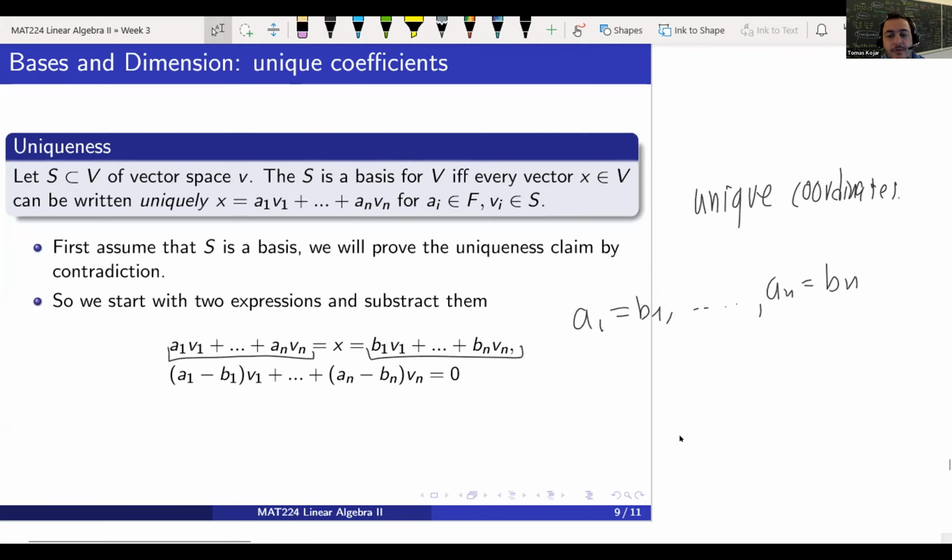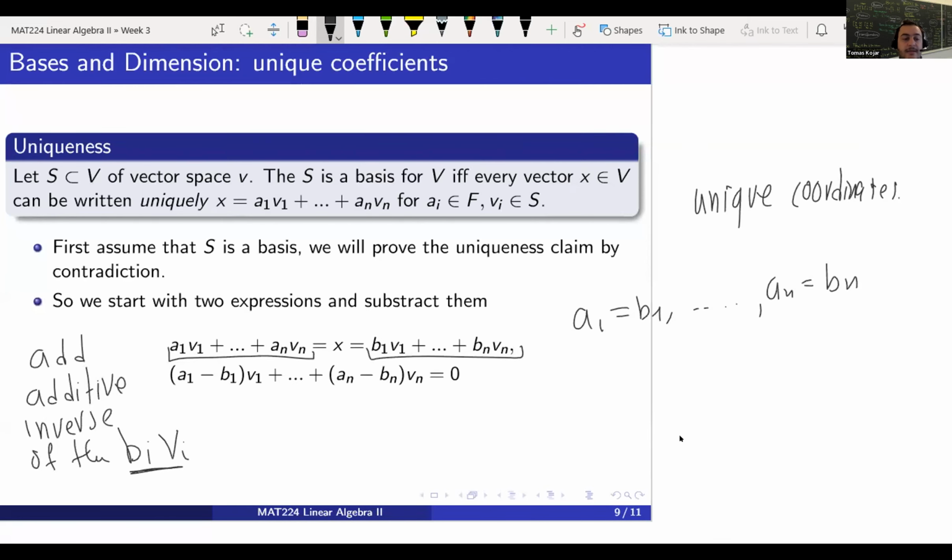All right, so how does this work? Well, assume you have two expressions, like I wrote here, and then just take their difference, right? So this is a field, and we can add the additive inverse of the B_i v_i on both sides.